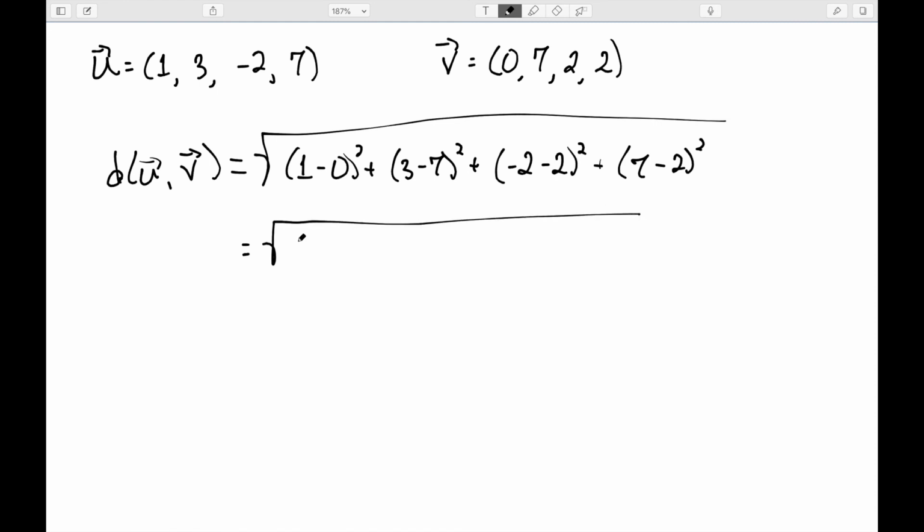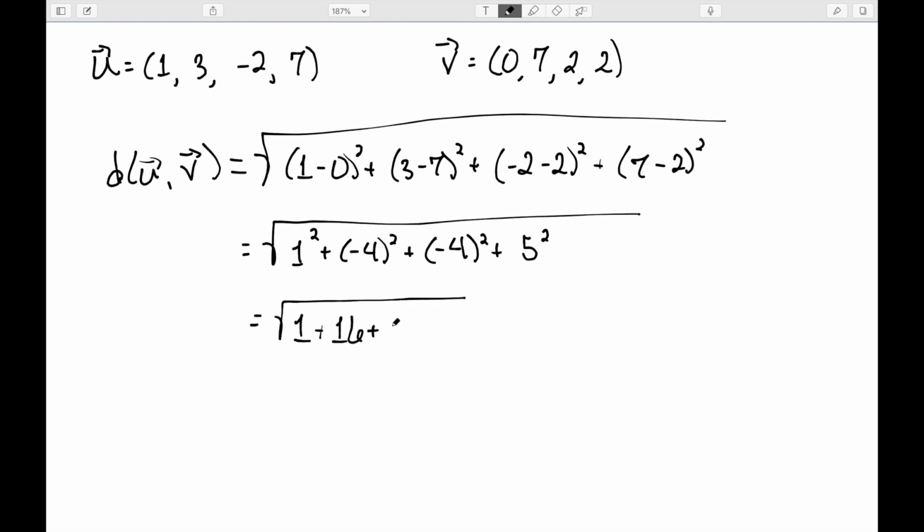So as we work this out, this is 1 squared plus -4 squared plus -4 squared plus 5 squared. Or 1 plus 16 plus 16 plus 25, which works out to be 58. So the distance between these vectors u and v is the square root of 58.